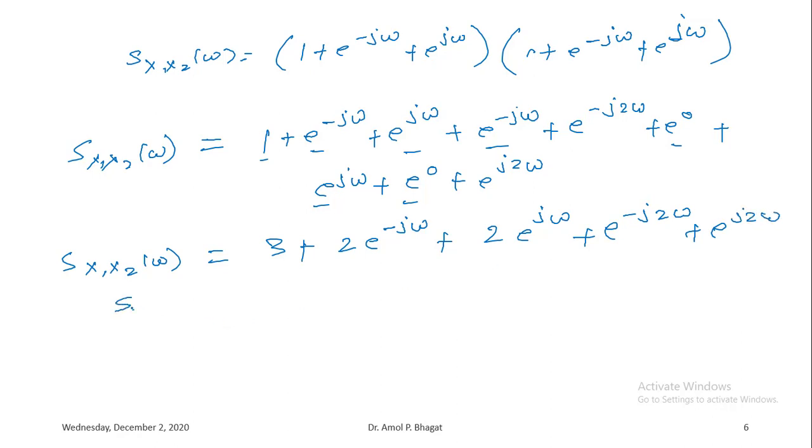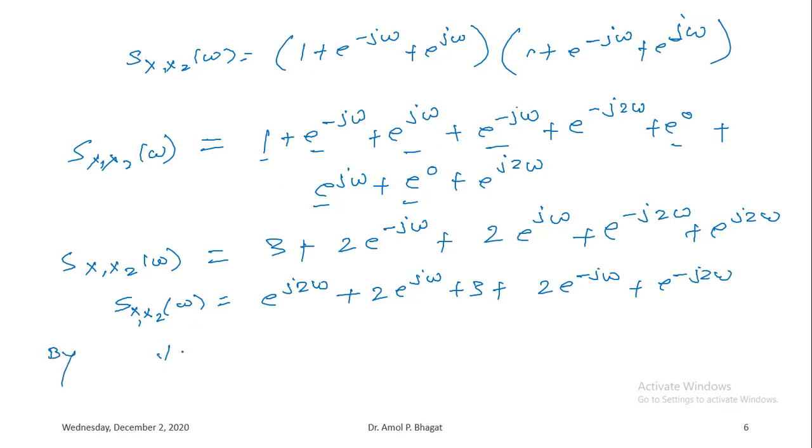I will write this again so that I can take the inverse Fourier transform: e to the power j2 omega plus 2 e to the power j omega plus 3 plus 2 e to the power minus j omega plus e to the power minus j2 omega.